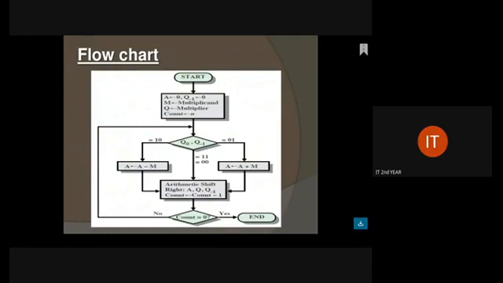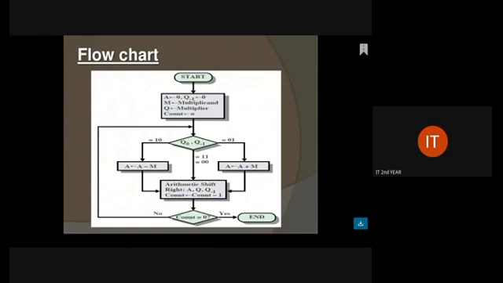Based upon those values, in the third step we perform the corresponding operations, that is A tends to A plus M or A tends to A minus M, or we just shift the register of A, Q and Q-1. Finally, we check whether the count value is decremented. When the count value is equal to 0, we get the final answer.